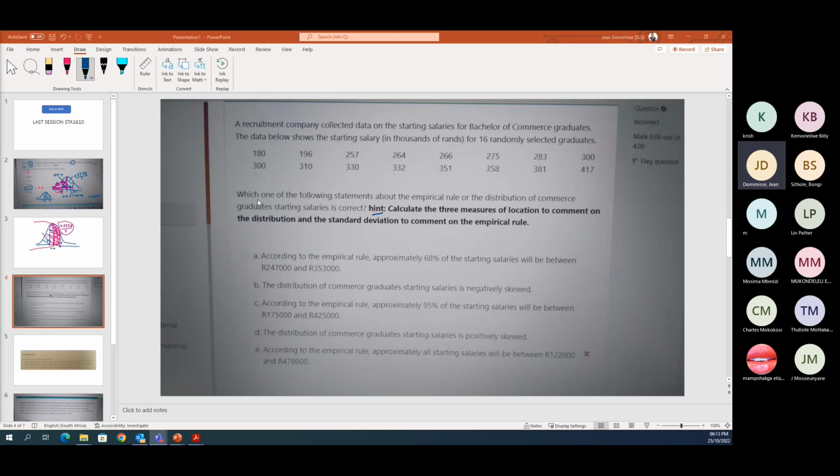Then they ask which of the following statements about the empirical rule is correct. Okay, so hint: calculate the three measures of location to comment on the distribution, and the standard deviation to comment on the empirical rule. Was this in the mock exam? Okay, so that is quite a lot to do.